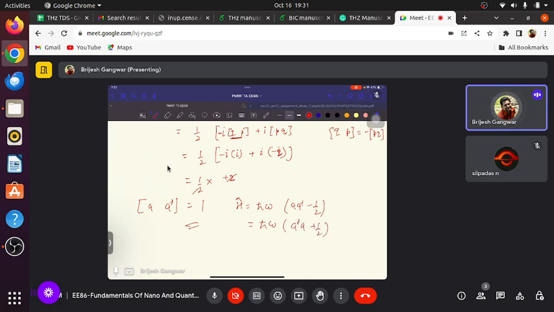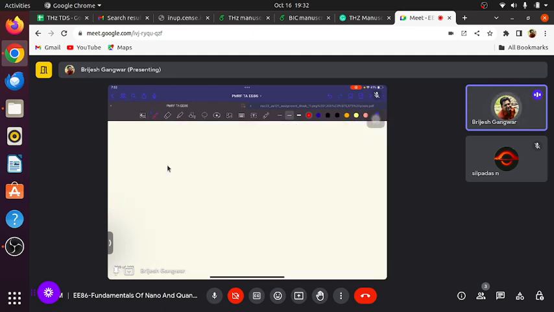Okay, in both ways. And another property of these operators is, if you take H commutator a, in the same fashion if you solve, it gives minus h cross omega a, and H commutator a dagger gives h cross omega a dagger.